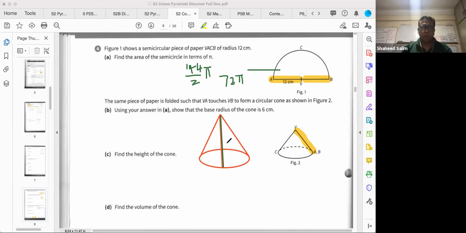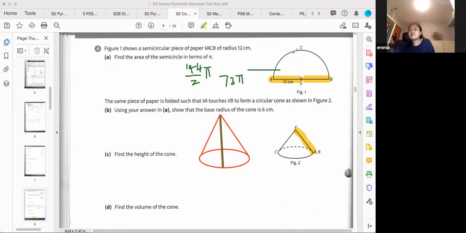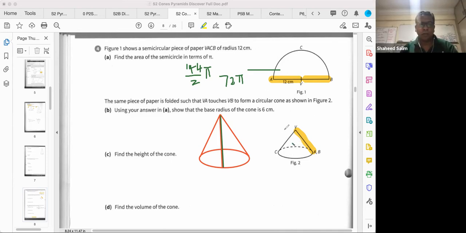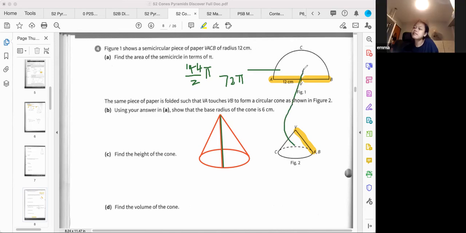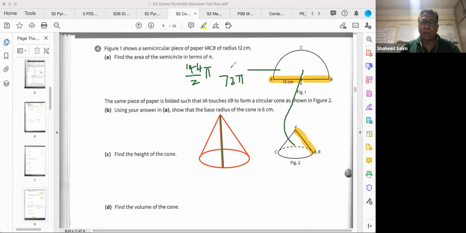Emma, you lost, Emma? Okay. So first of all, do you agree that this area is the same as this area? You agree? You know, right? So the formula for this area is pi r squared divided by 2. Correct? Did you get this?